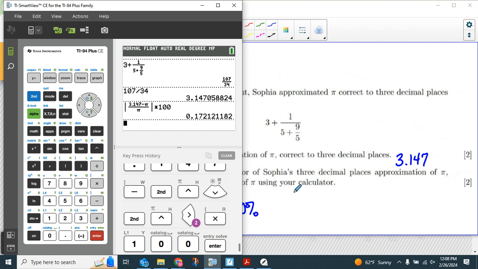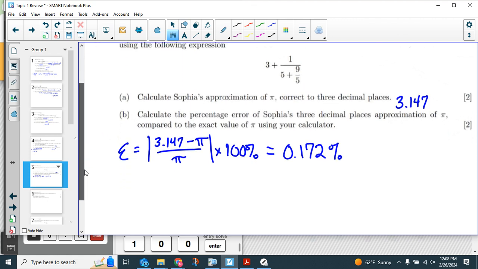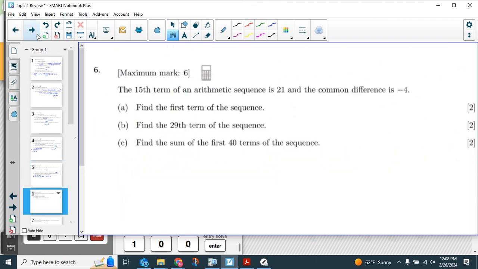All right, so 0.172%. So she's really close. All right, so that's it for 5.